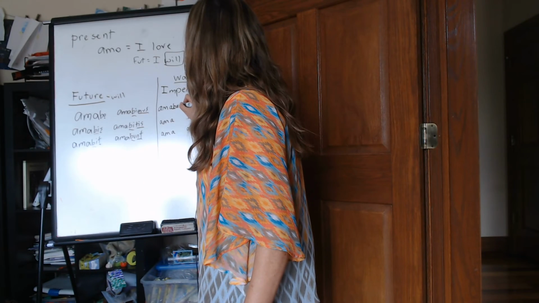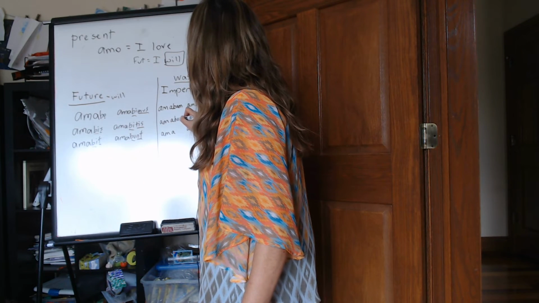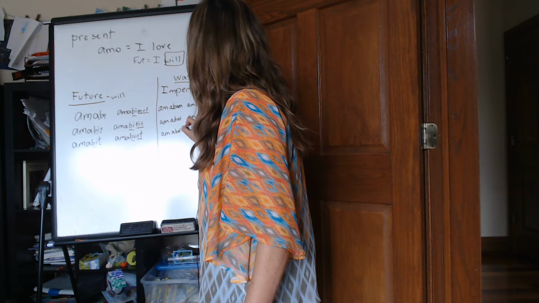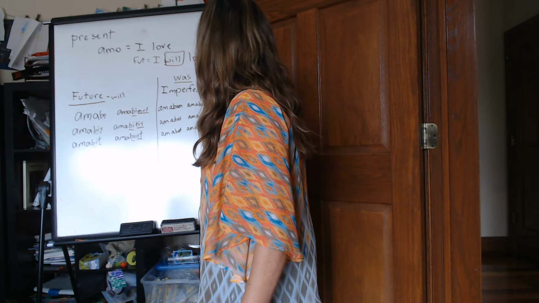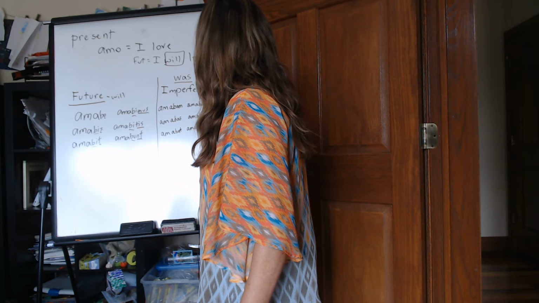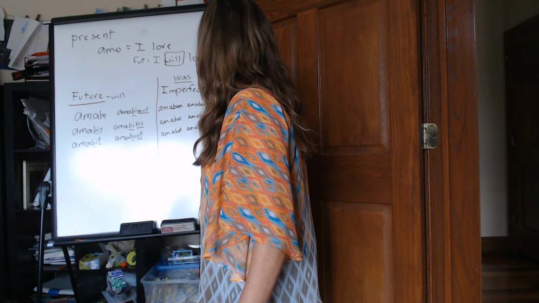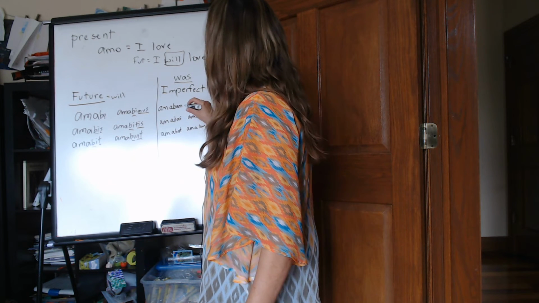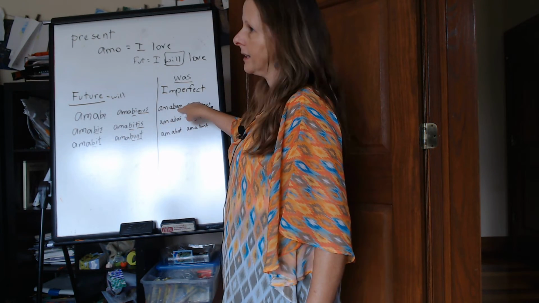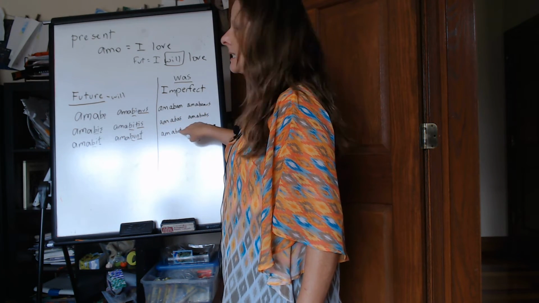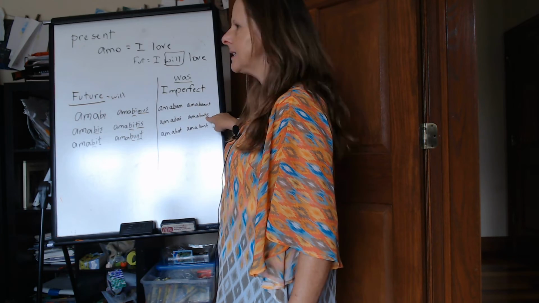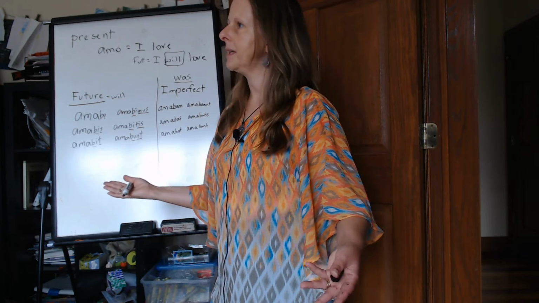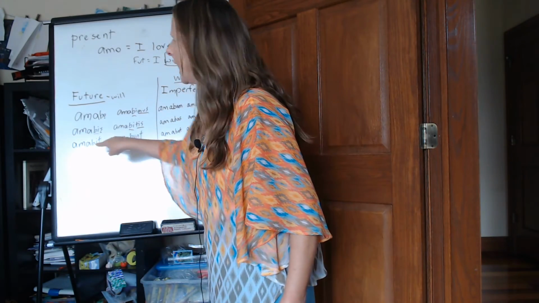Bam, bas, bat, bamus, batis, bant. Notice again, we don't have the O, unfortunately, but we have the S, T, mus, tis, nt, same endings. But this time instead of BI, we have BA.